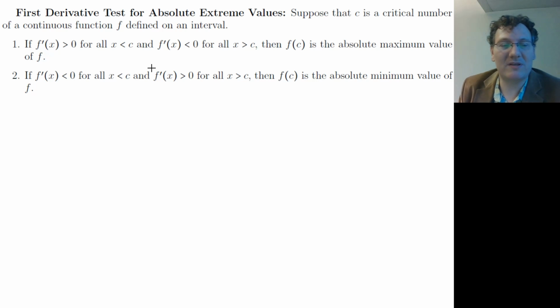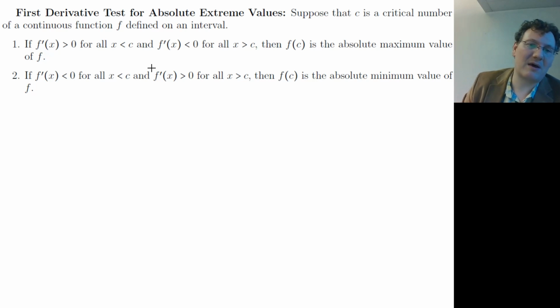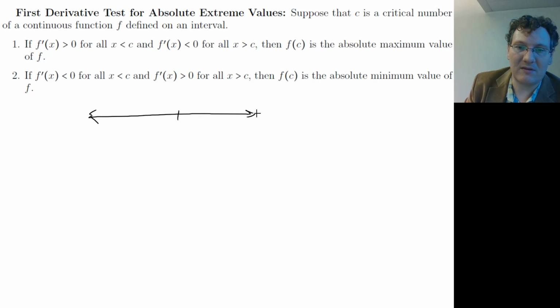Okay, so this is a test that we can use to figure out whether, for a critical number of a continuous function, we've found an absolute maximum value or a minimum value. And really it's a matter of looking at the sign of the first derivative.